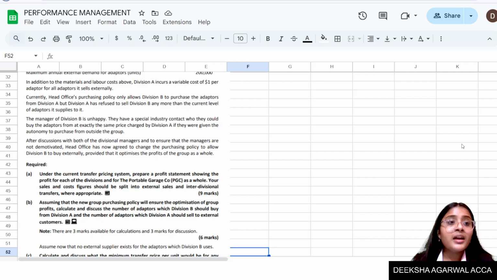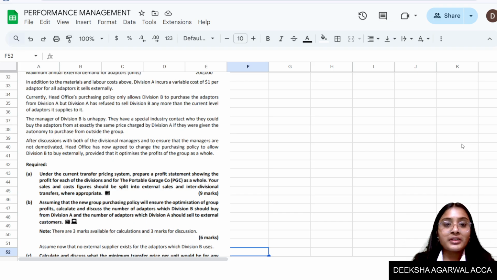Currently, head office purchasing policy only allows Division B to purchase the adapters from Division A, but Division A has refused to sell to Division B any more than the current level of adapters it supplies to it. They have denied supplying above. Now, the manager of Division B is unhappy.